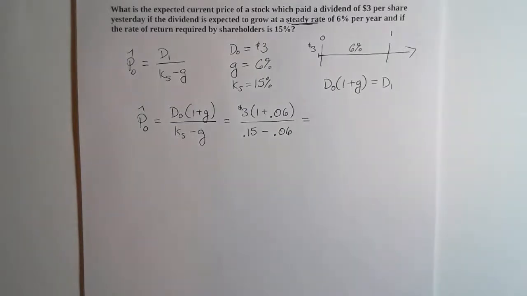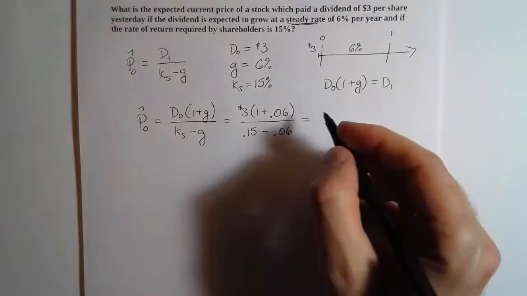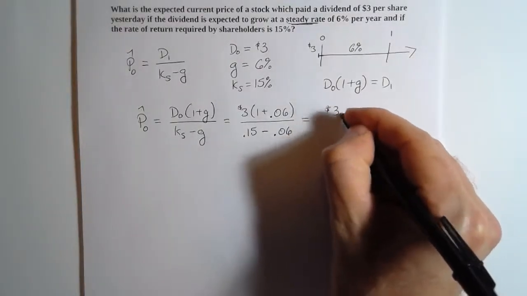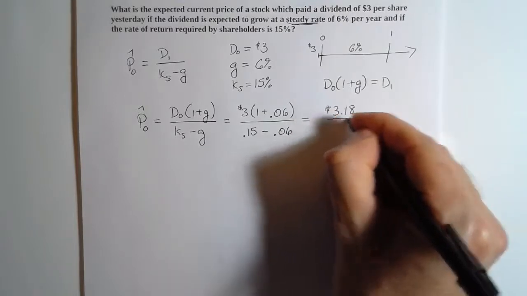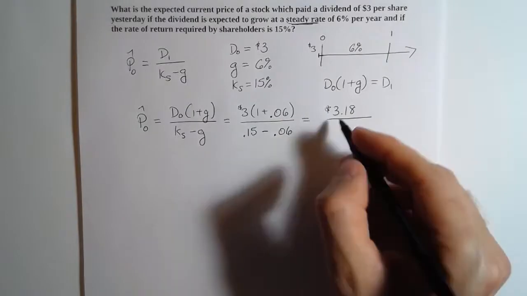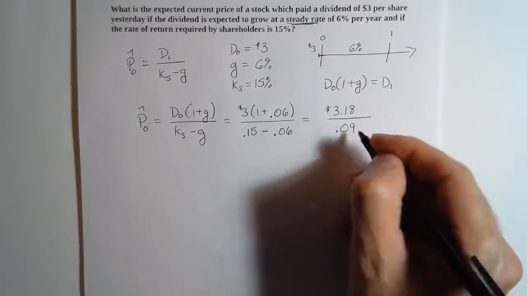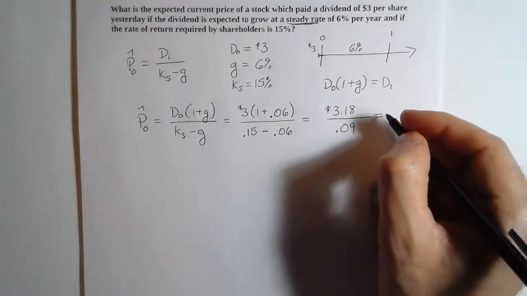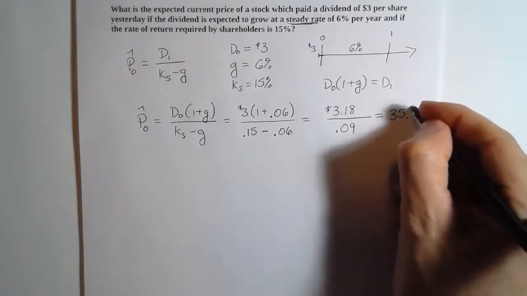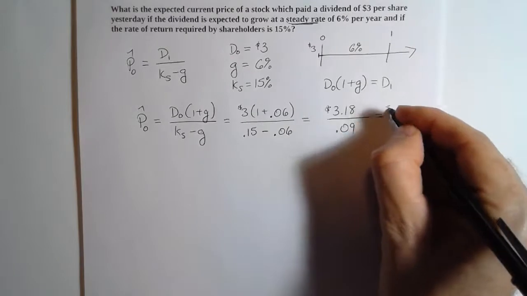Okay, so if you worked that out, what you should have gotten in the numerator is $3.18. And then for the denominator, 0.15 minus 0.06 is 0.09. And then if you divide that out, you should have gotten $35.33 with the 3's repeating.